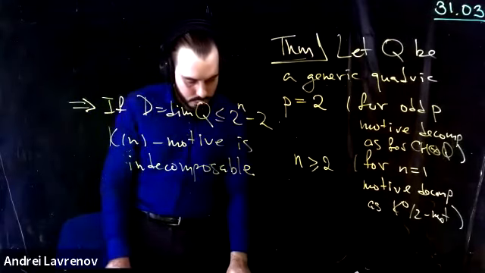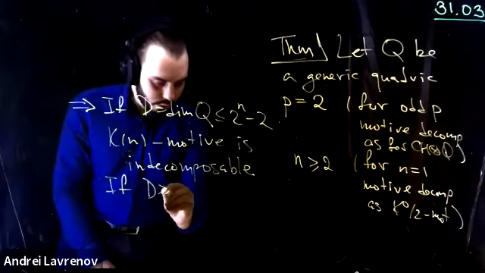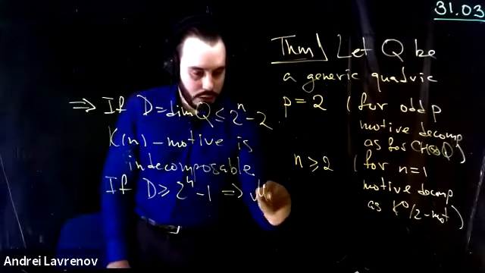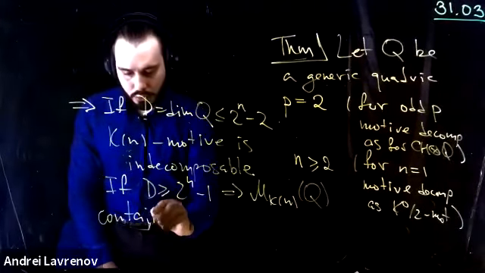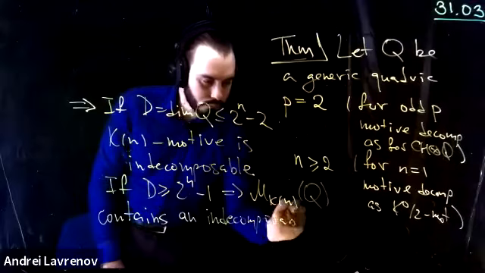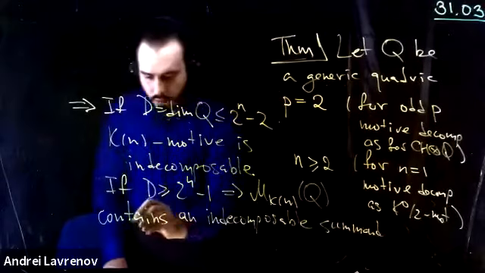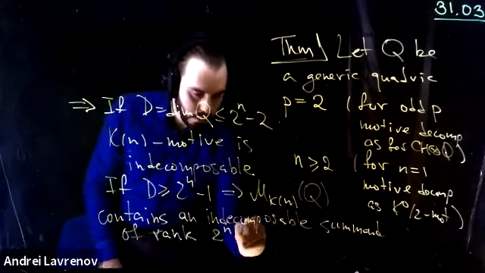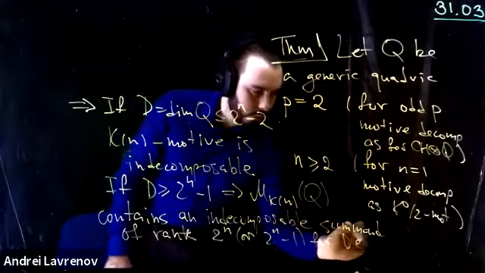And if the dimension is greater than 2^n minus 1, then the K_n motive contains an indecomposable summand of rank 2^n or 2^n minus 1 for the even, respectively odd, case.